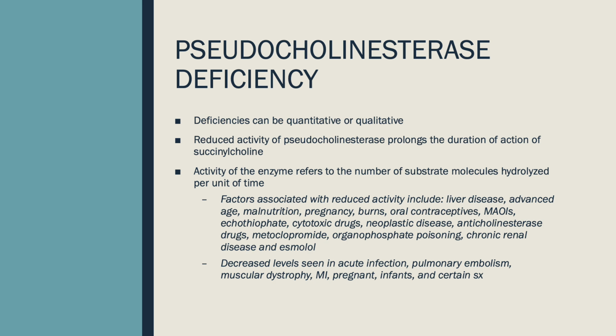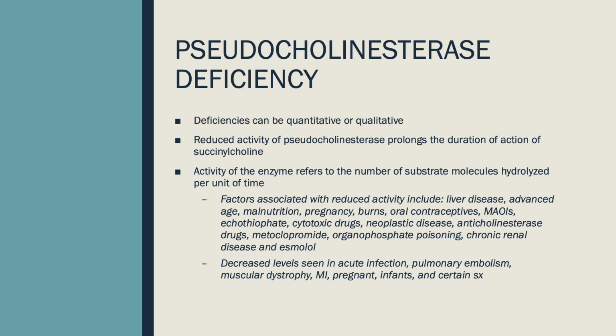Succinylcholine-induced neuromuscular blockade can be significantly prolonged if someone has an abnormal genetic variant of pseudocholinesterase. When this variant was discovered, it was noted that it responded to dibucaine, an ester-based local anesthetic, differently than it did to normal pseudocholinesterase. Dibucaine inhibits normal pseudocholinesterase to a far greater extent than the abnormal enzyme.